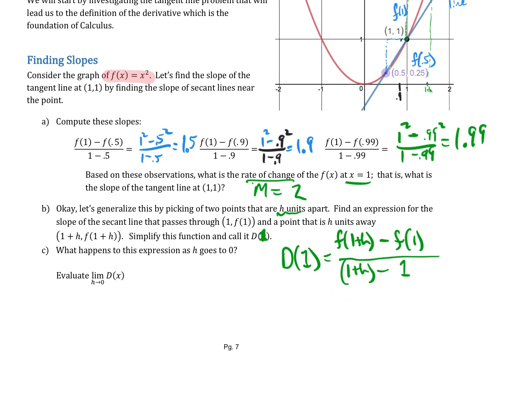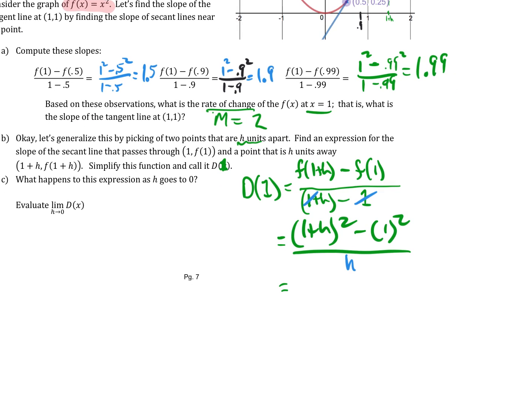So using our function f of x equals x squared, this is equal to 1 plus h squared minus 1 squared all over, and we can simplify this. This 1 minus this 1 can go away. Now these parentheses were important to start, but now we can just erase them because there's nothing in front. So that's h.